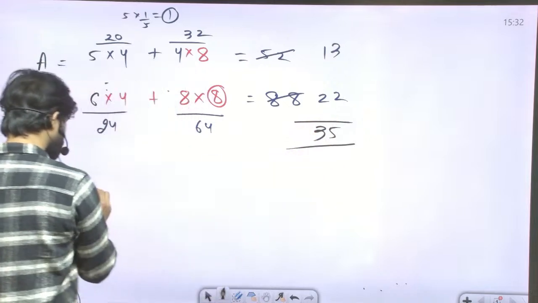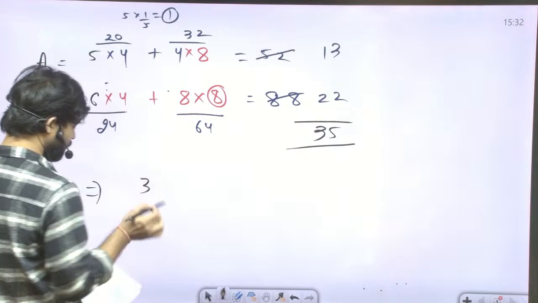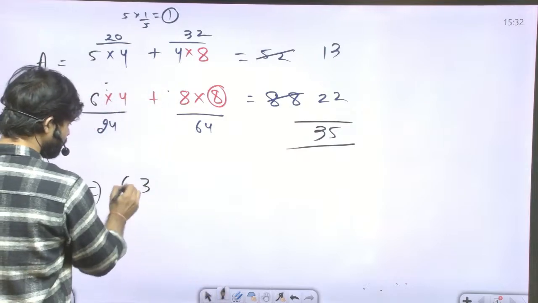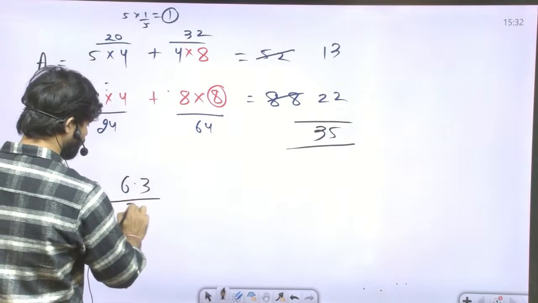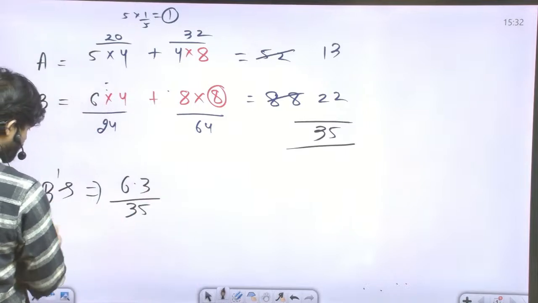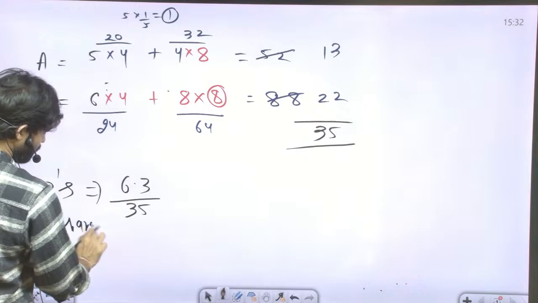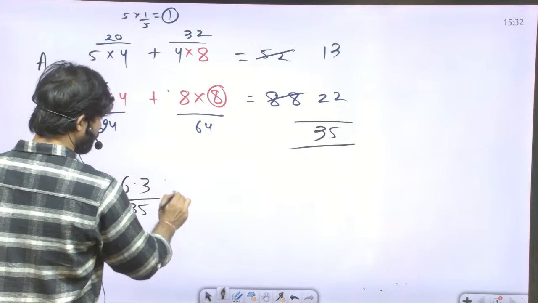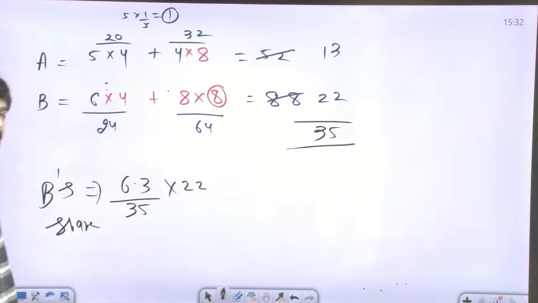Very good. So you can do it like this: this is the value of 35 units, this is the value of 1 unit, and we have to find the value of 22 units.